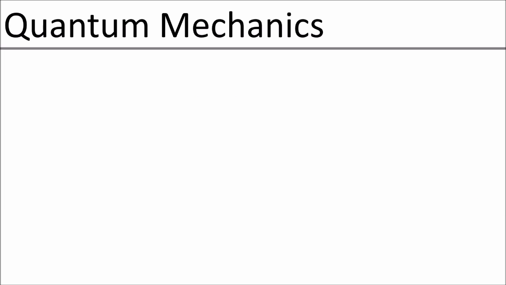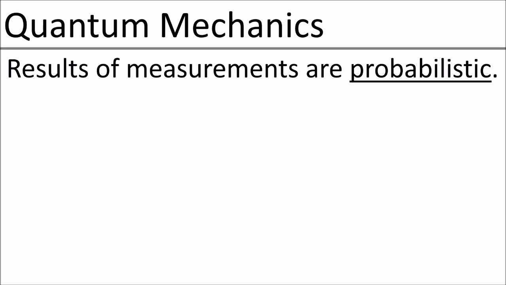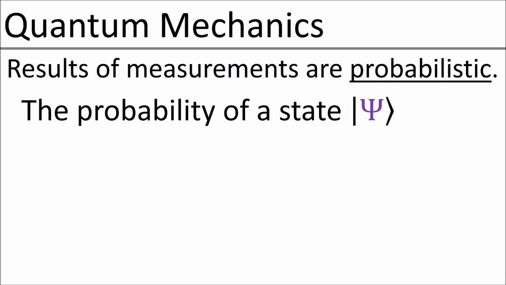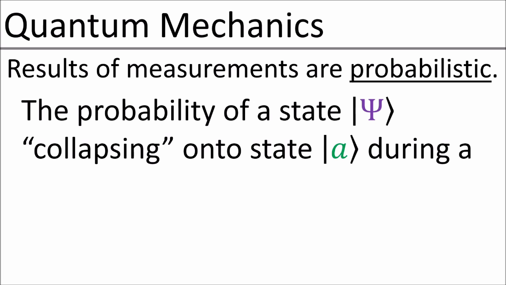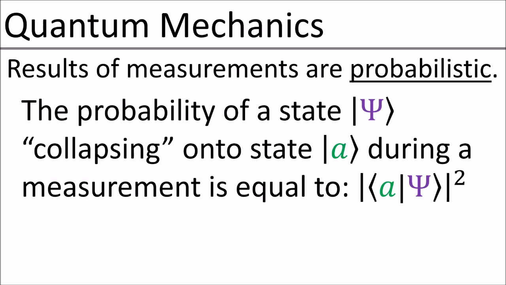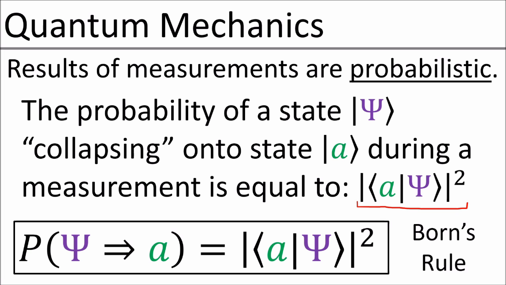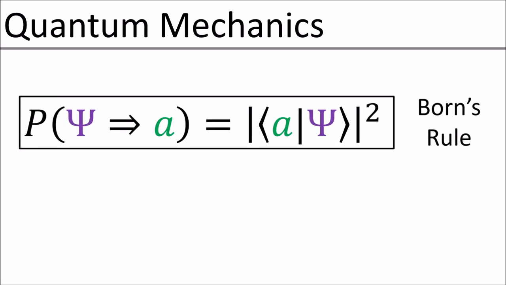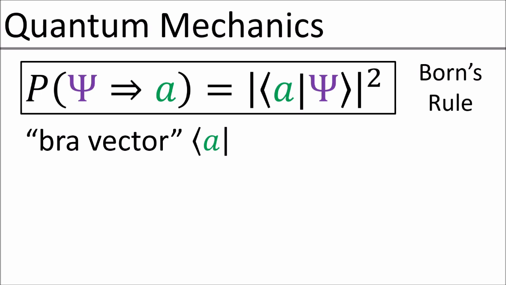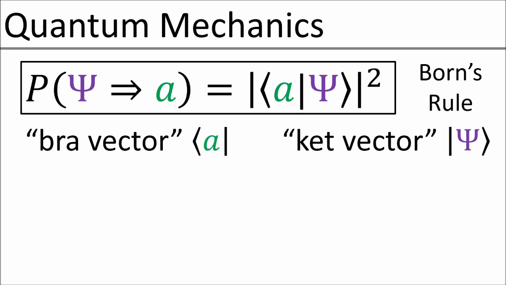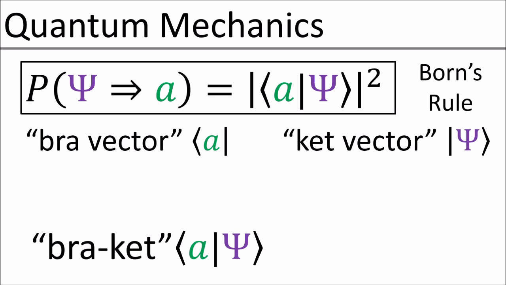In quantum mechanics, the results of measurements are always probabilistic. The probability of the state psi collapsing onto some other state A during a measurement is given by the squared magnitude of the inner product of psi and A. This is called Born's rule. Here we call A a bra vector and call psi a ket vector, since their inner product forms a bra-ket.